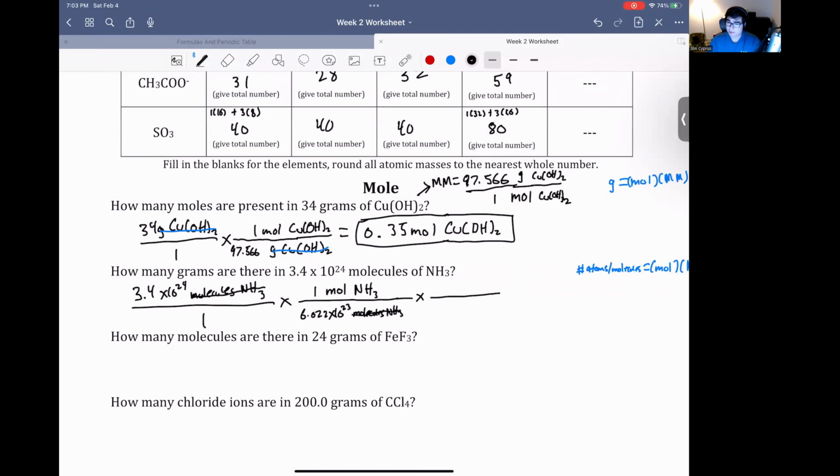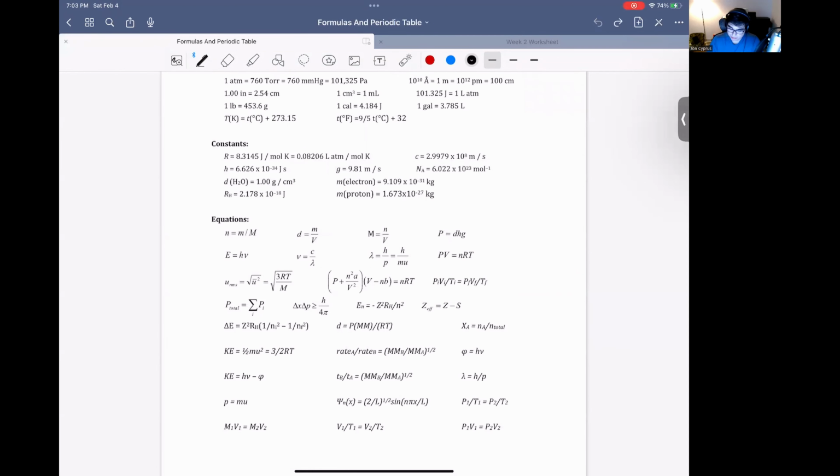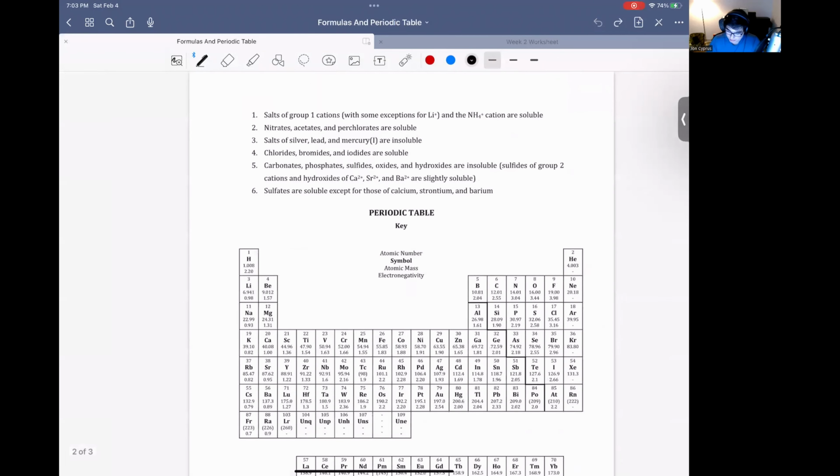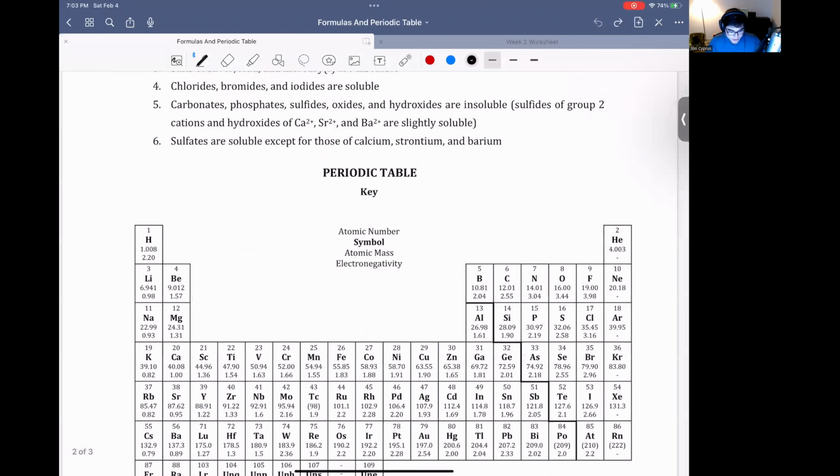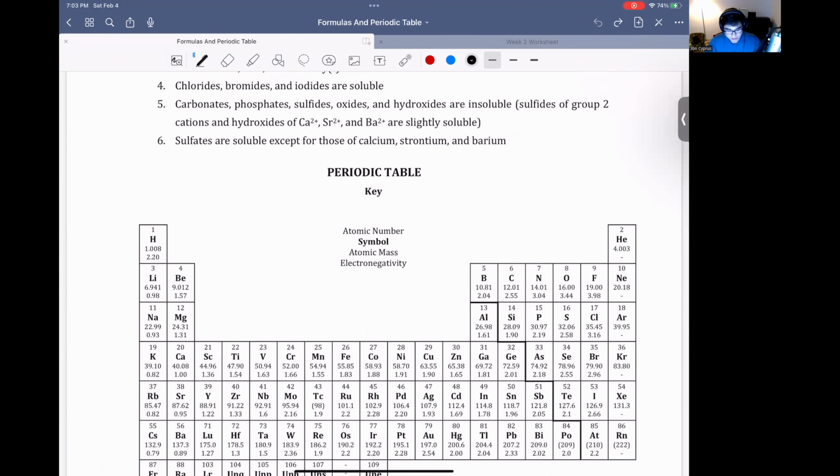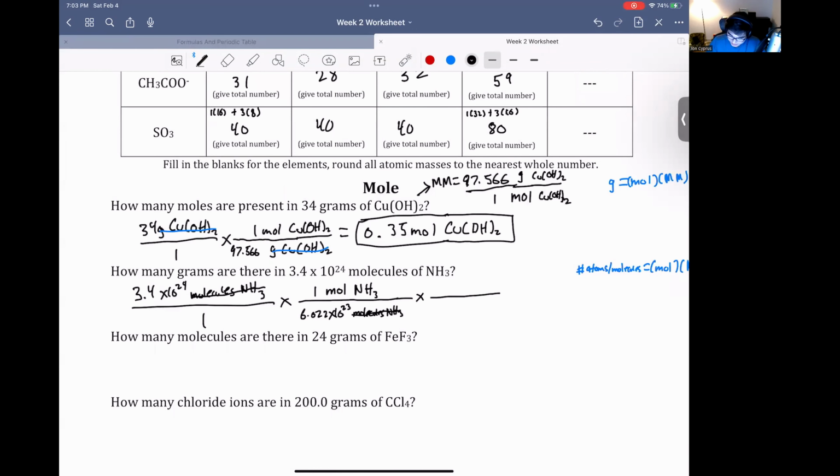We're going to go from moles to grams. We need the molar mass of NH3, right? So we're going to add these all up. All right, so nitrogen is 14.01. Hydrogen is 1.008. And we end up getting 17.034. I'm just going to write it up here.